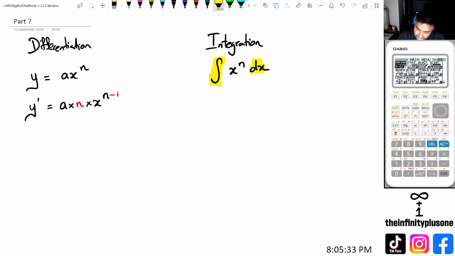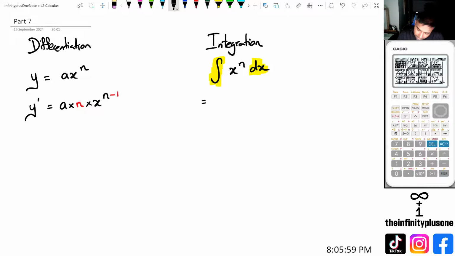And then the dx is basically telling you that we need to integrate with respect to x. Now I don't know if your formula is actually given to you in your exam formula sheet, but you do so many of these things and you just get used to it. It's fairly straightforward. After a while, you don't even look at the formula sheet.